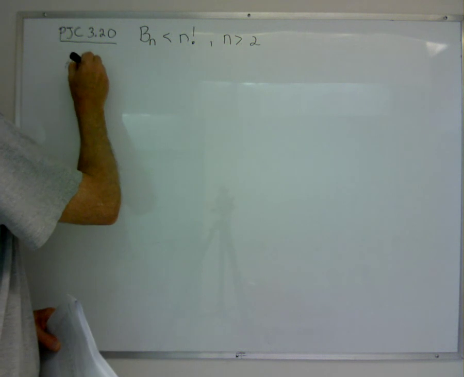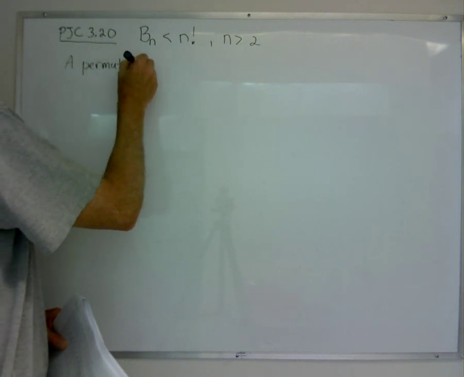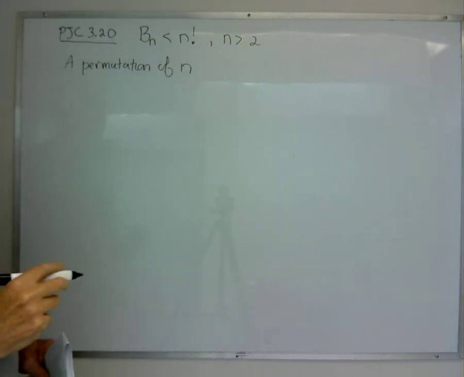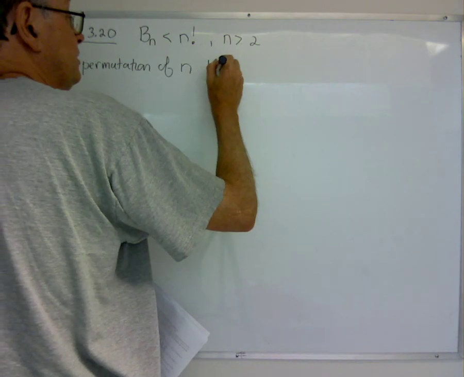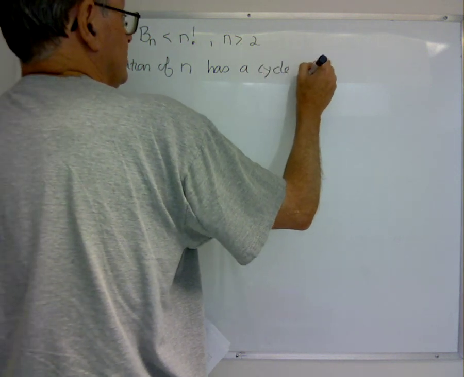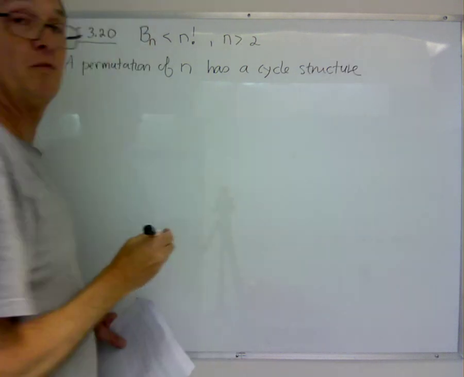So if you have a permutation of n as a cycle structure, we can write it like this.